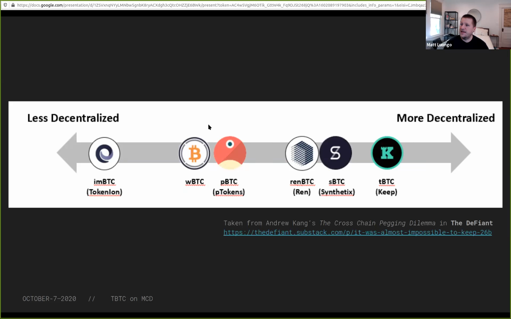We have others like SBTC, which are really focused on bringing price exposure of Bitcoin to Ethereum, but not necessarily physical delivery. And then on the farthest right, you have tBTC, which is a huge amount of engineering to get that far right, and it's definitely more expensive to operate. But I think that it's something that hasn't really been done yet in the space.